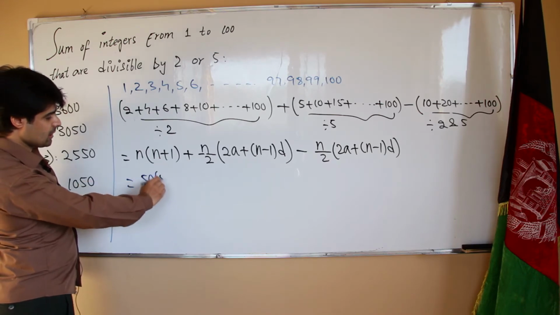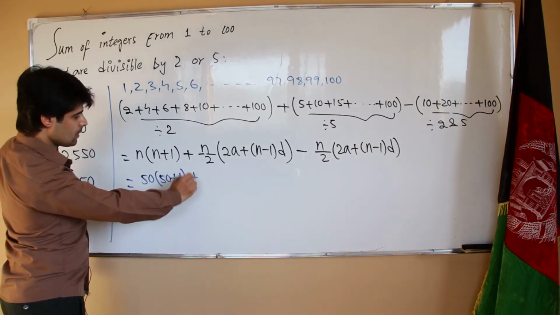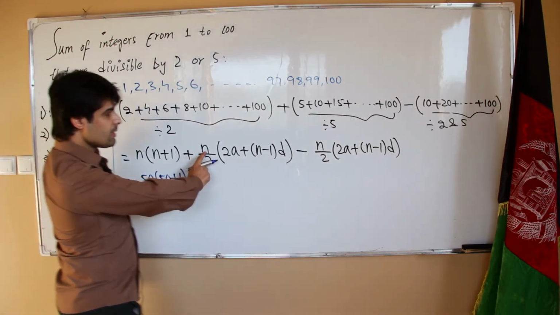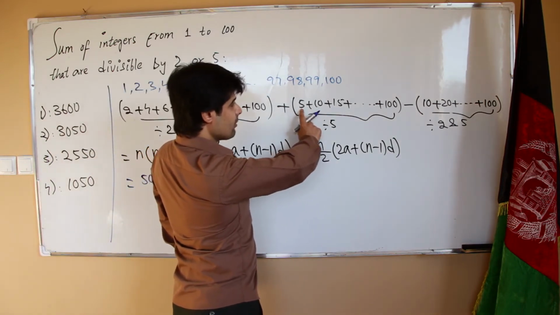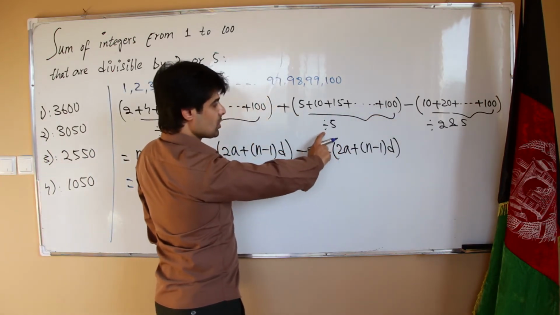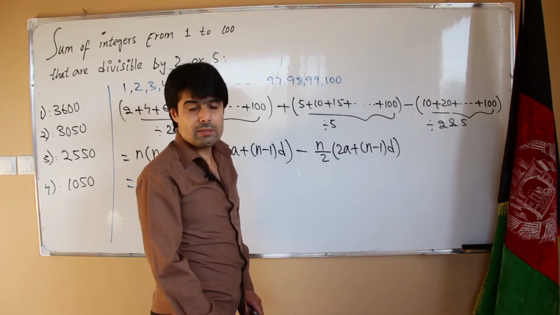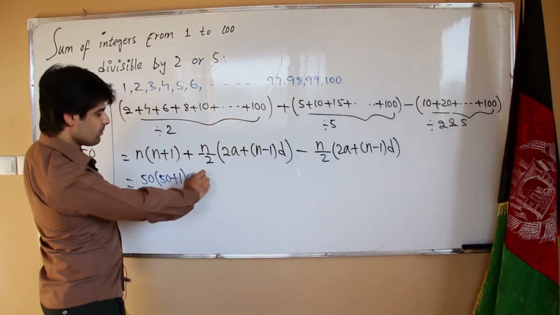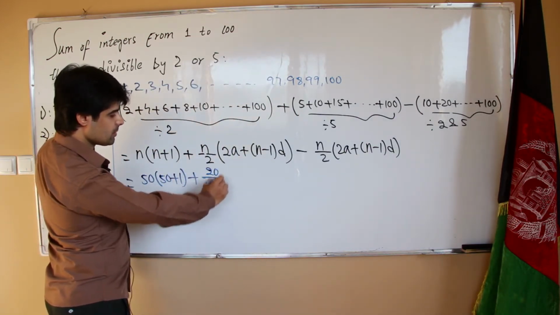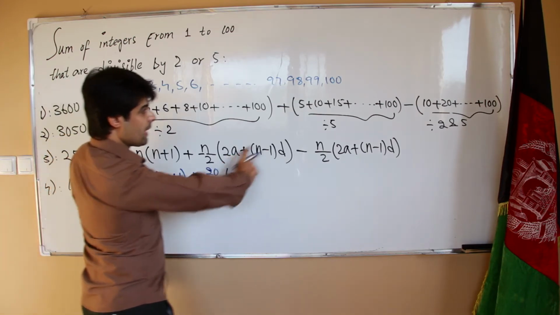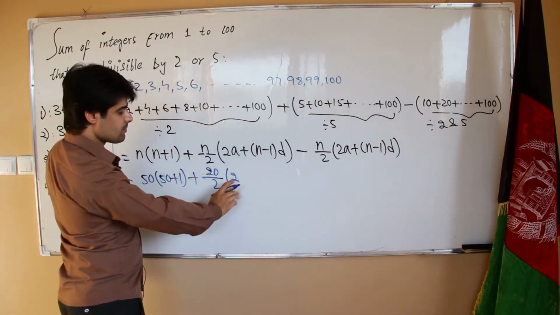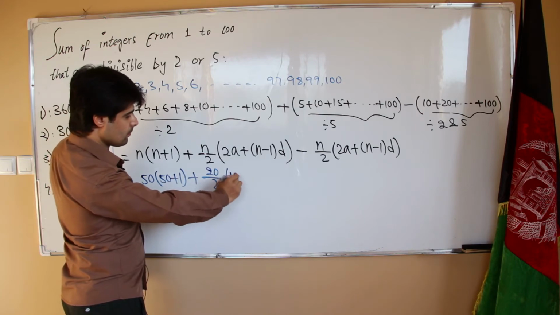Times 50 plus 1, plus n. n is the terms which we have from 5 to 100 which are divisible by 5. How many terms do we have? I think 20. Divided by 2, 2. This one a is 5. 2 times 5, it's 10.